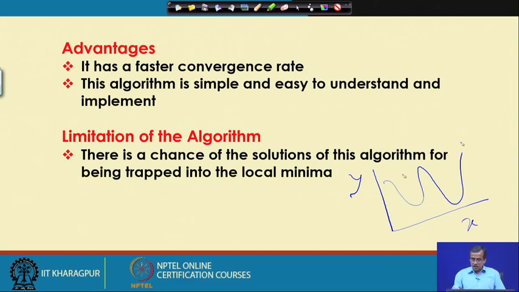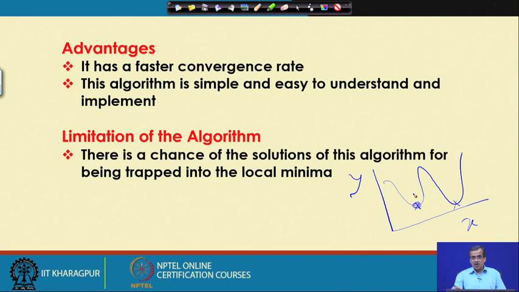So, this basin is nothing but the local basin, and this is the global basin, and this is a minimization problem. This point is the locally minimum point, and this is the globally minimum point. There is a possibility that if the initial solution is lying in the local basin, gradually it is going to hit this locally optimal solution.